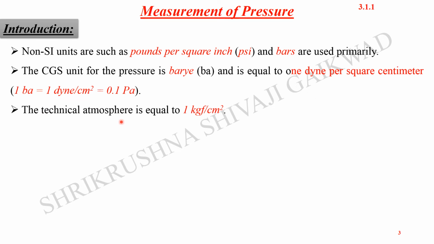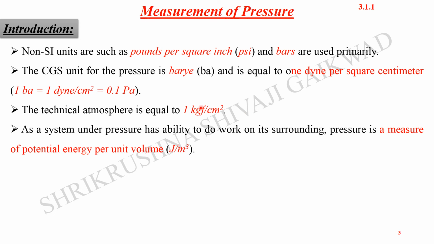The technical unit is also there. One technical atmosphere is equal to 1 kg per centimeter square. A system under pressure has the ability to do work on its surroundings. So whichever system we consider, it exerts pressure on its surroundings, and this is given by the measure of potential energy per unit volume.